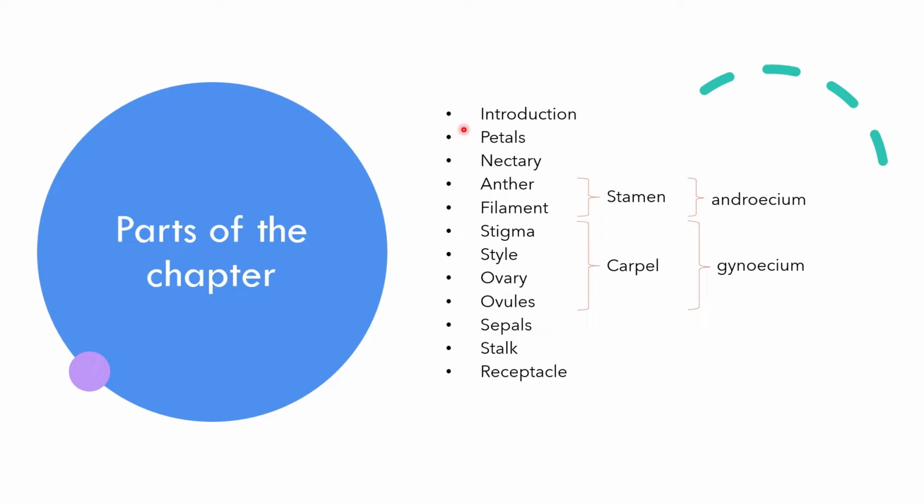We have the introduction, and also by the way, don't be horrified by this entire chapter. Deal? Deal. Okay. So parts of the chapter: introduction, petals, nectary, anther, filament, part of the stamen, which is part of the androecium, stigma, style, ovary, ovules, part of the carpel, part of the gynoecium, the sepals, the stalk, and the receptacle.